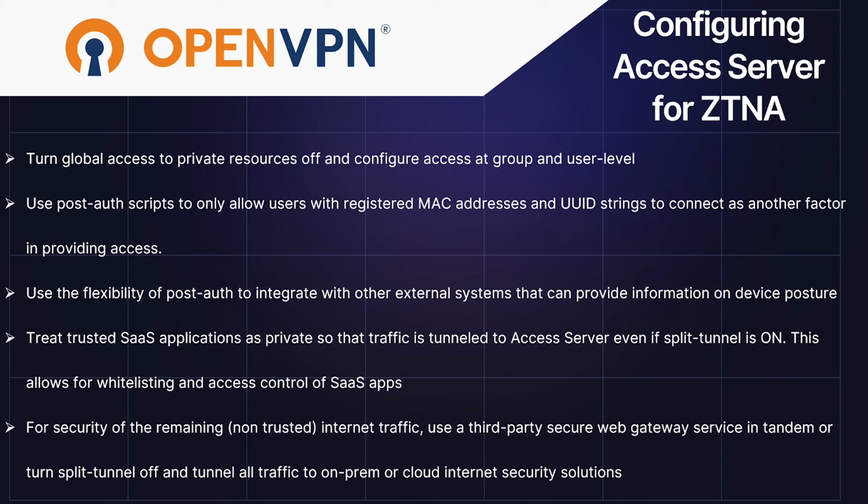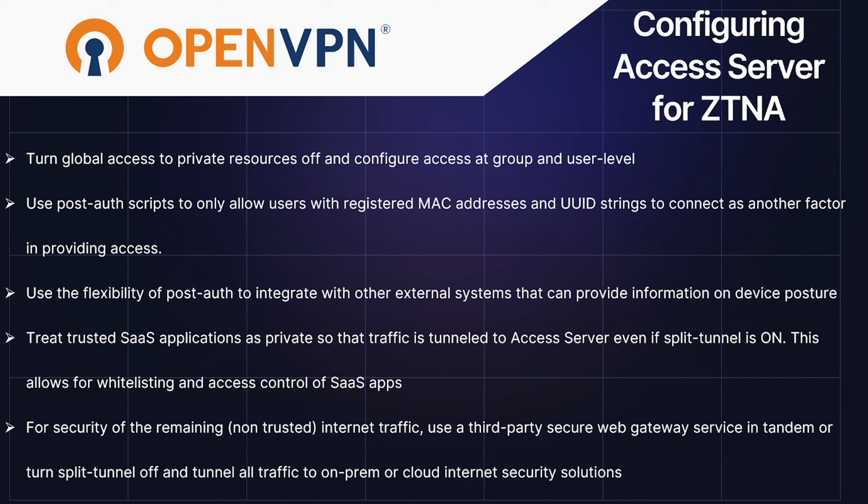I showed you how to use post-auth to register the MAC address or UUID. And obviously we touched on the flexibility of post-auth to integrate with other external systems that can provide information on device posture.